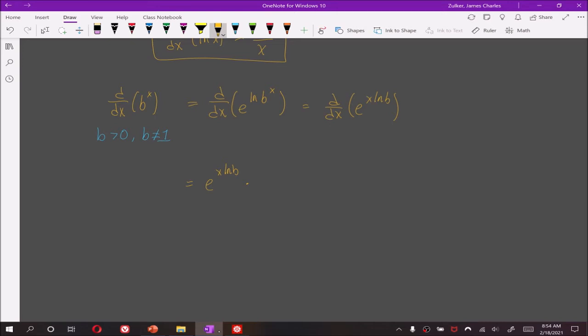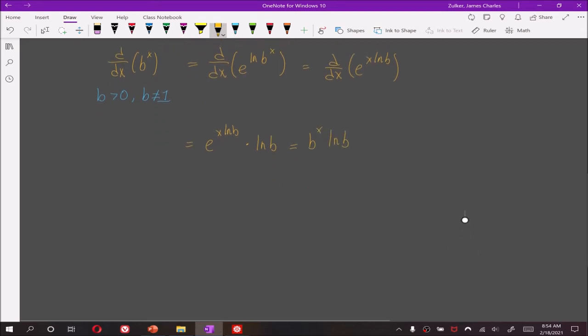Now, since log of b is going to be a constant, the derivative of x times log of b is just log of b. However, e to the x log of b was b to the x. So, the derivative of b to the x is equal to b to the x times the log of b. Obviously, b greater than 0 and not equal to 1.